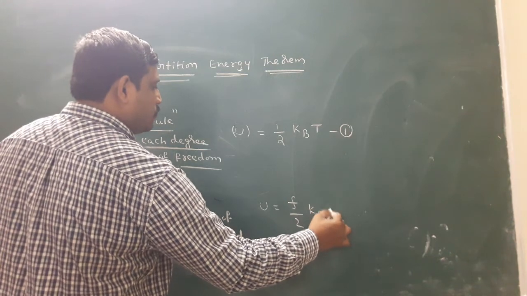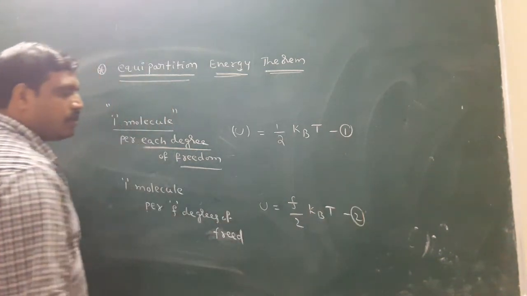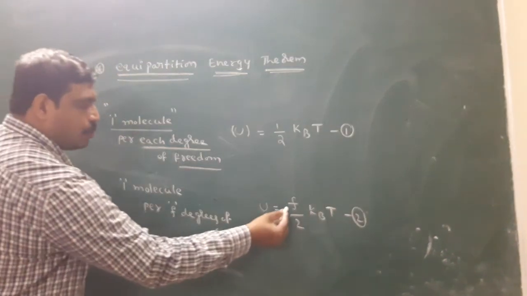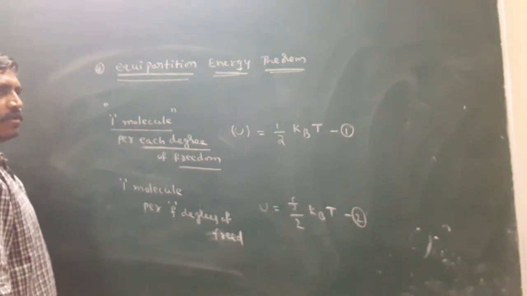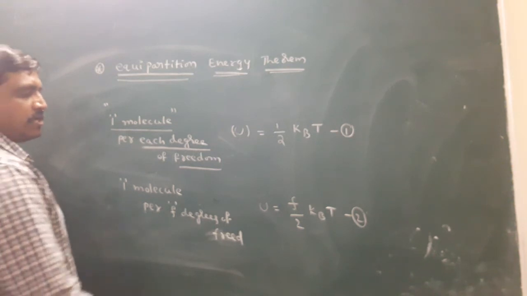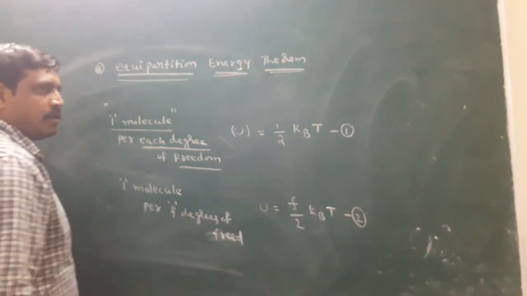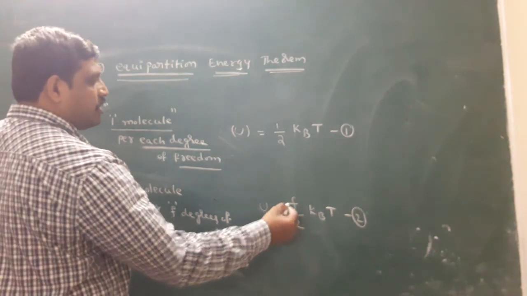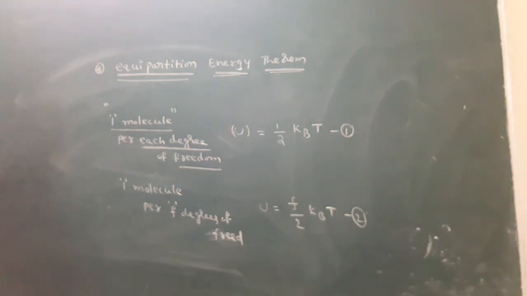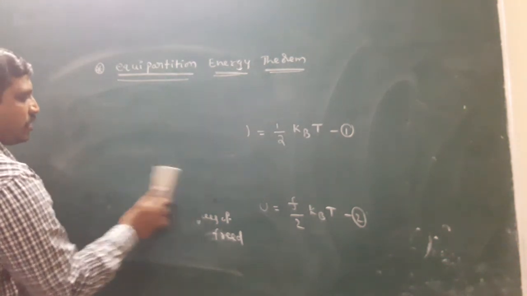Equation number 2. If the given gas is monoatomic, the F value is 3. If the given gas is diatomic, the F value is 5. If the given gas is non-linear polyatomic, the F value is 6. Putting these in. Do you understand? Okay, next.